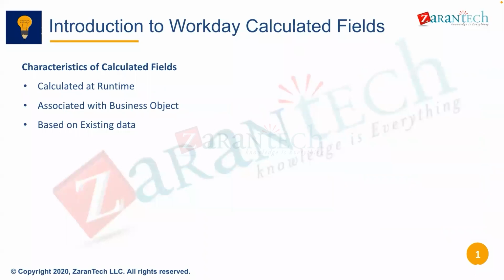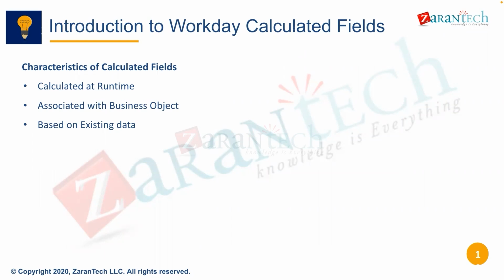Again, we have already discussed this, but these are a few characteristics of calculated fields. They are always calculated at runtime. They are always associated with a business object, and it is based on the existing data. Workday calculated fields don't manipulate data. The only thing that calculated fields do is retrieve data. So let's say if we look at the whole data in Workday as a database, we only have options to retrieve it and not modify the data.